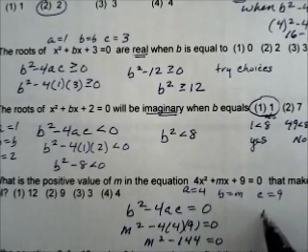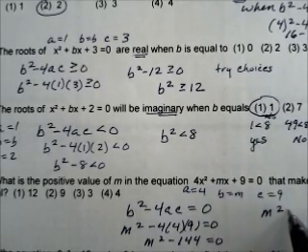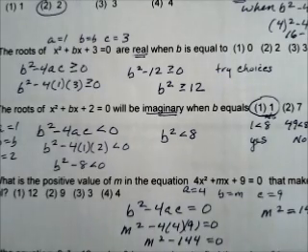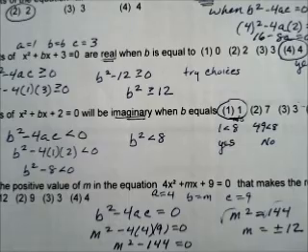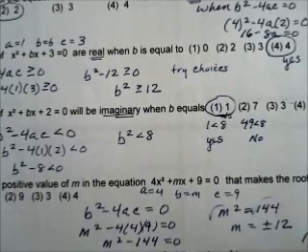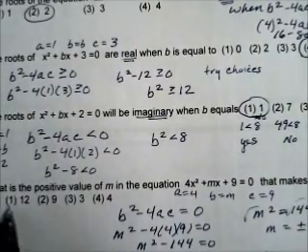Add 144 to both sides. M squared would equal 144. And then take the square root of both sides. So m would equal plus or minus 12. And we want the positive value, so the positive value would be 12, which is option 1.